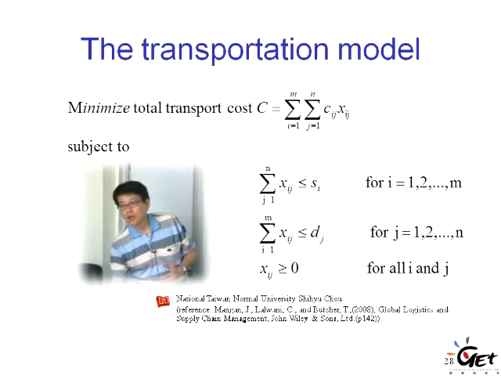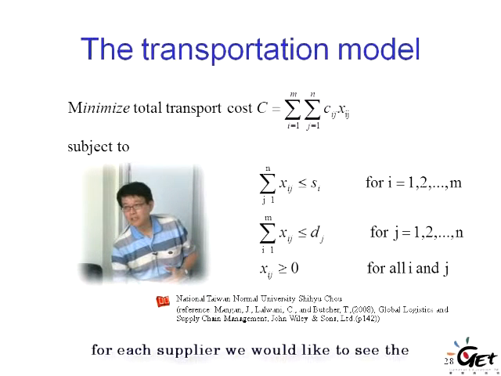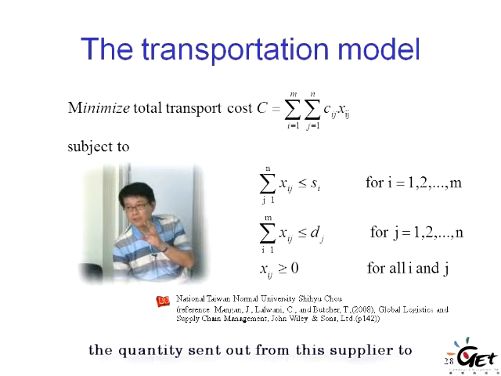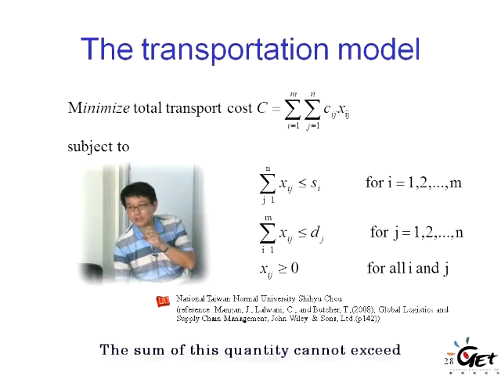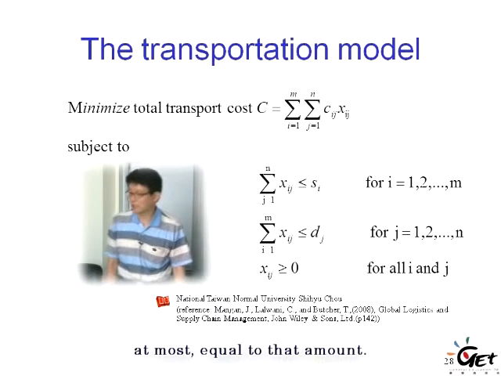For each supplier, from supplier 1 to supplier n, the quantity sent out from this supplier to all n destinations, the sum of these quantities, cannot exceed the capacity, at most equal to that amount.